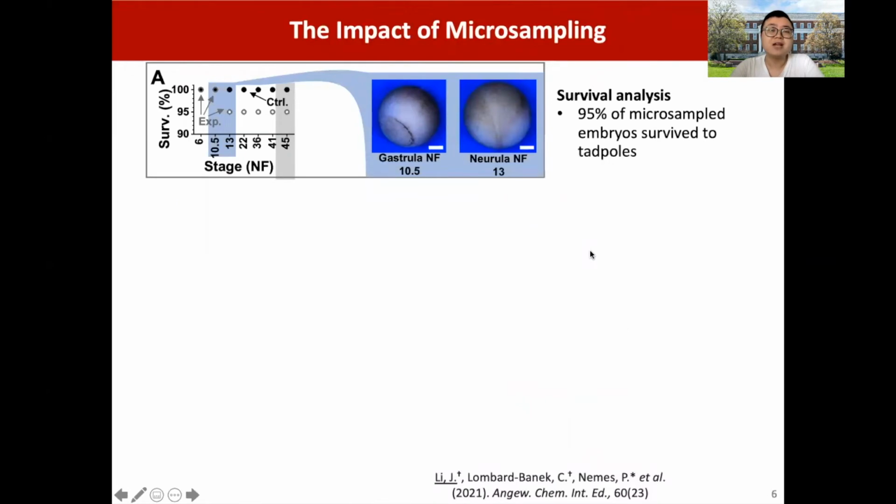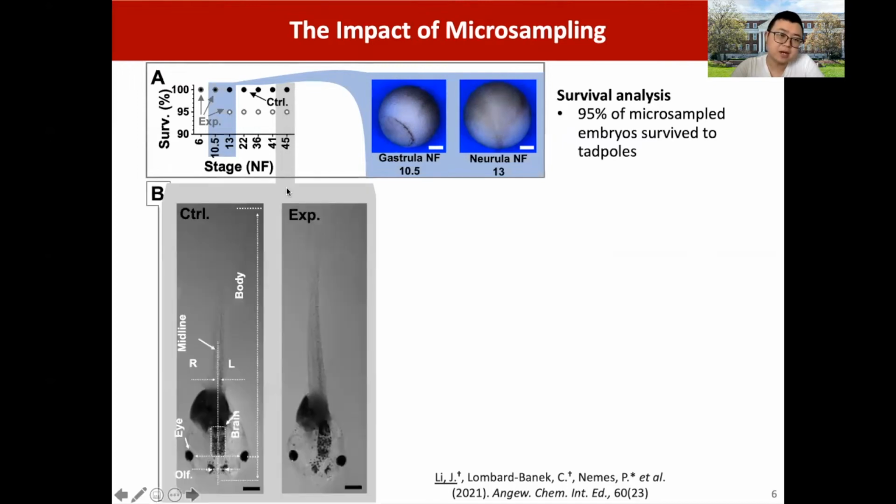We first evaluated the impact of microsampling on the embryo viability. We found that 95% of the microsampled embryos survived to tadpole. And here are the images of the tadpoles that survived at tadpole stage. The left one is the control group.